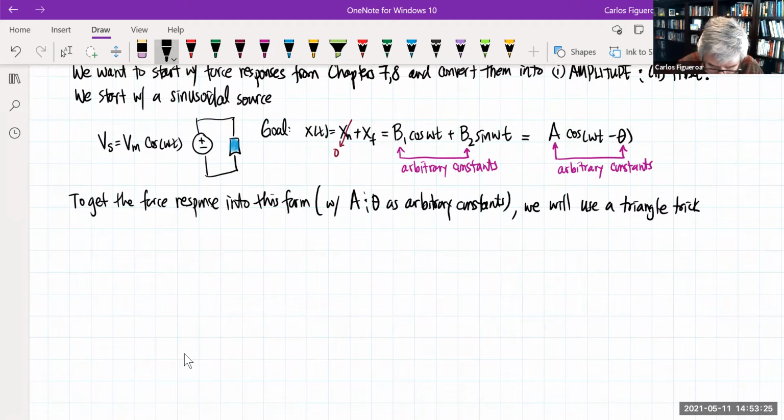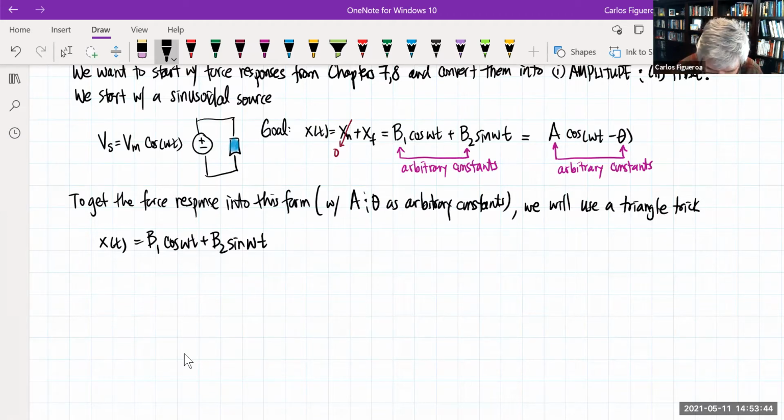What we're going to do here is write my solution where I still have B1 cosine omega t plus B2 sine omega t.